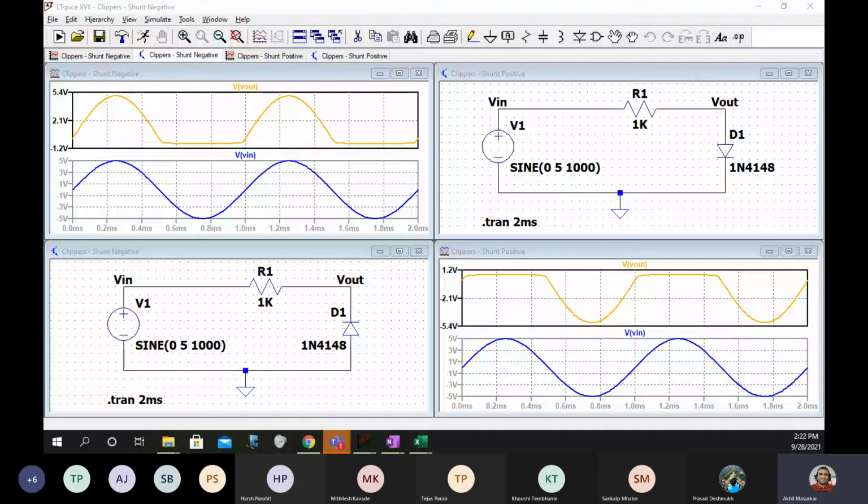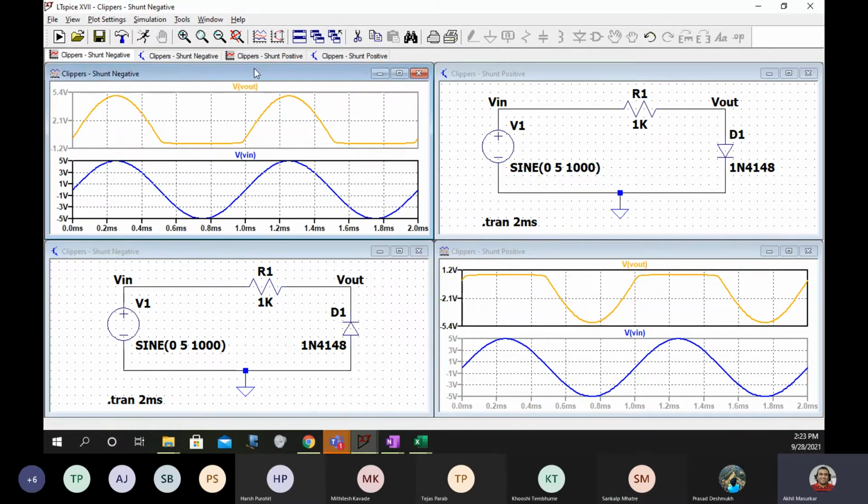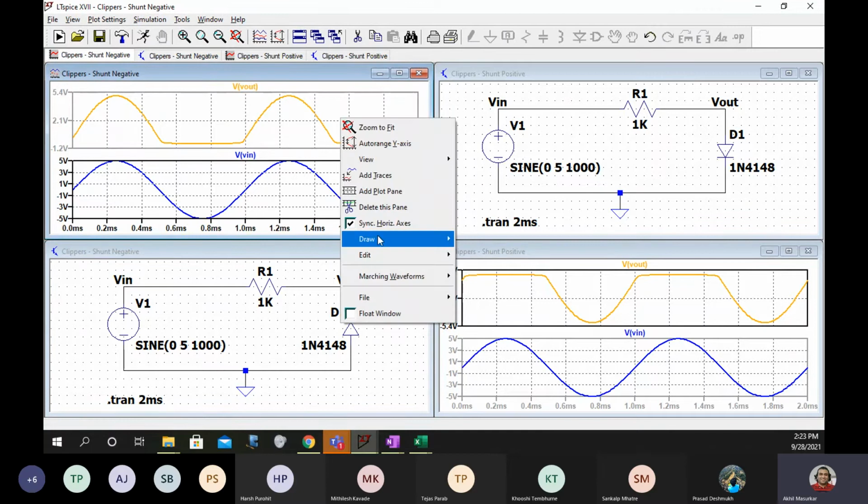Sir, how can we separate V in and V out from a single plot graph? I have shared my output in the chat box. So you right click on this graph, then you say add plot plane. See, I'll show you.